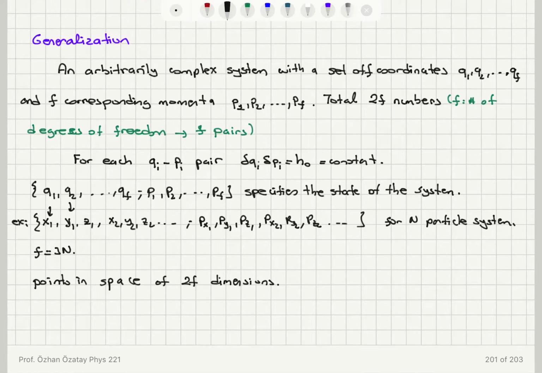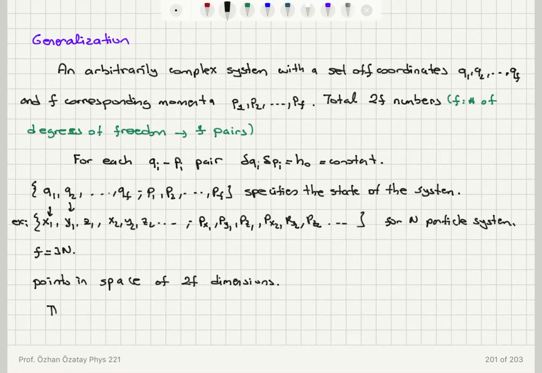So for the first particle X and Px, I would get a two-dimensional phase space. And if I include Y and Py as well, it will be four-dimensional, because I have to specify four dimensions: X, Px, Y, Py, etc. So it will be a phase space of 2F dimensions.